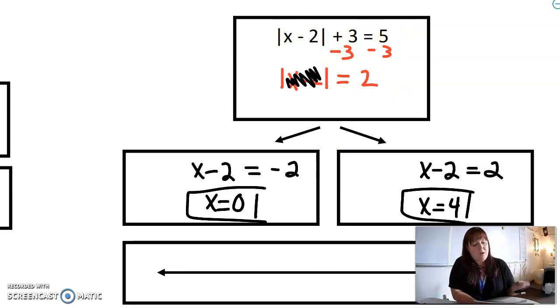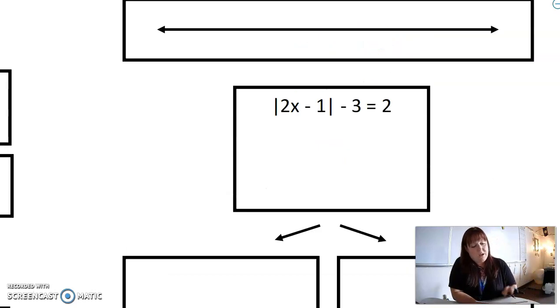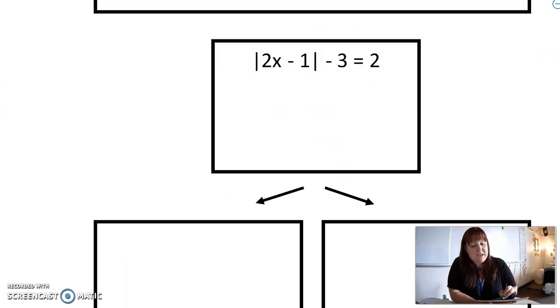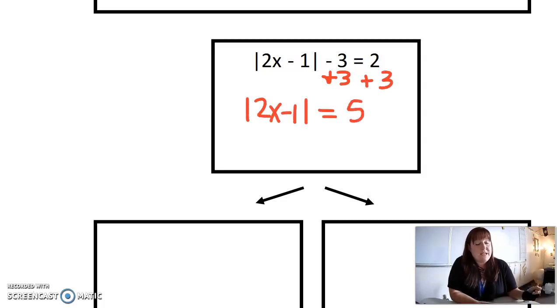All right, let's do one more. Remember, we have to isolate the absolute value first before we do our two conditions, okay? So we have the absolute value of 2x minus 1 equals 5. Now we take the absolute value, we say this either has to equal negative 5 or it has to equal positive 5, right?